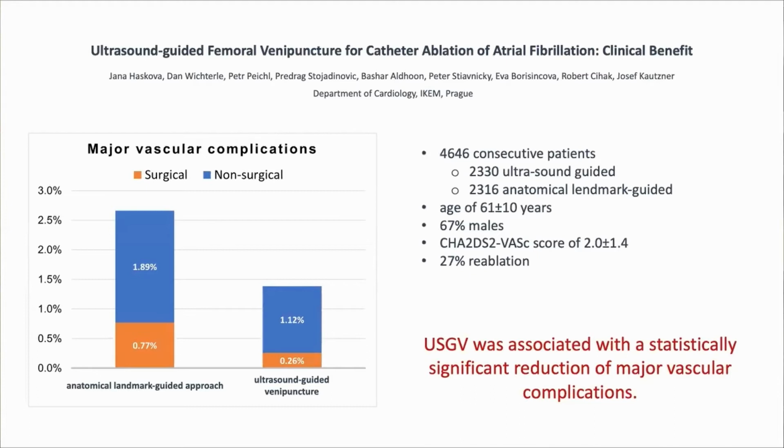Recently presented data by Dr. Hašková at the European Heart Rhythm Congress demonstrated the vascular complications rate of ultrasound-guided venipuncture, analyzed and compared to historical controls with an anatomical landmark-guided approach. The study cohort consists of more than 4,000 patients and proved that ultrasound-guided venipuncture was associated with a statistically significant reduction of major vascular complications.